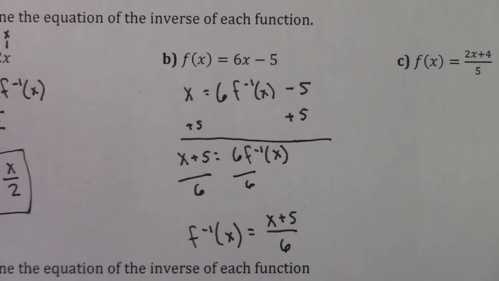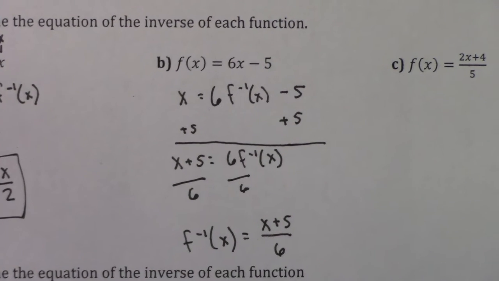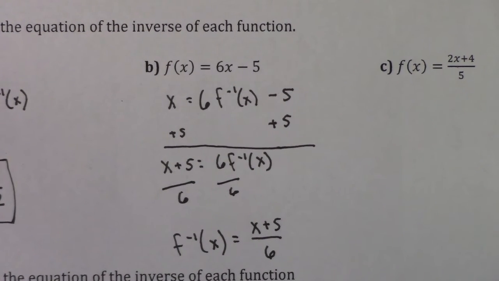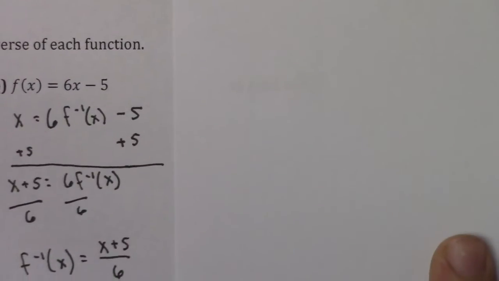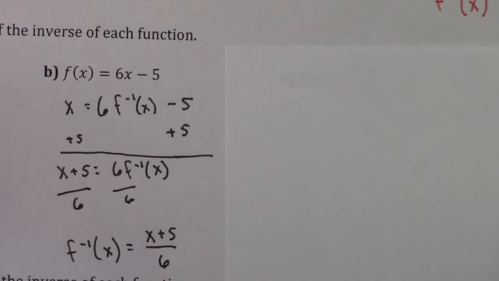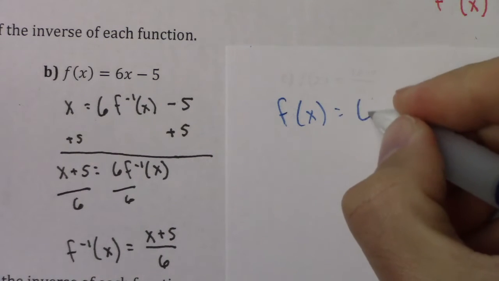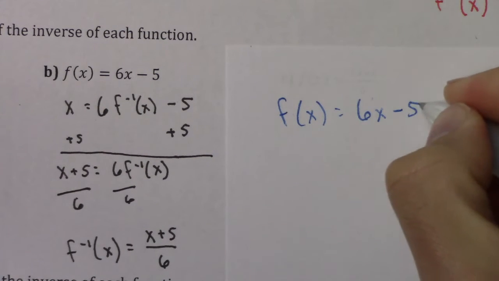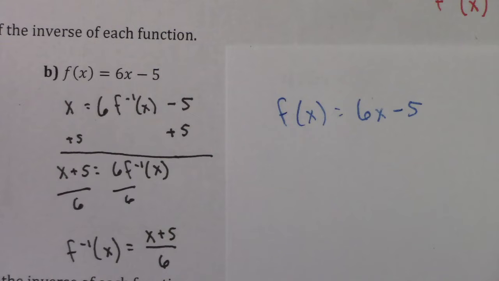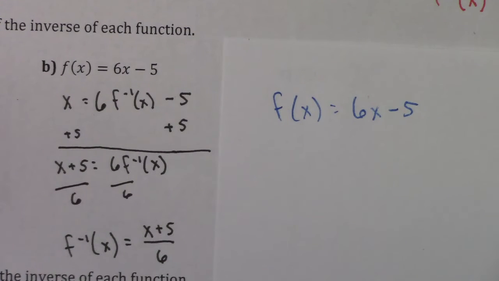Now, let's check this, because I want you to understand what's happening. I'm going to take my original equation. I'm going to use another color. Might as well use some scratch paper too. My original equation right here was f of x equals 6x minus 5.